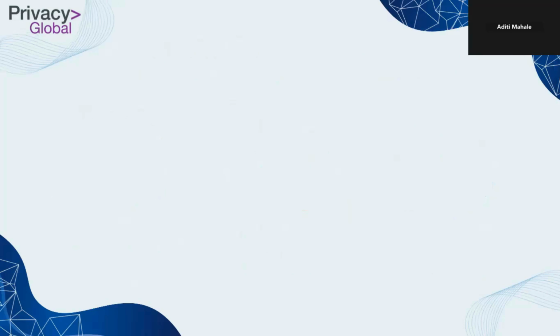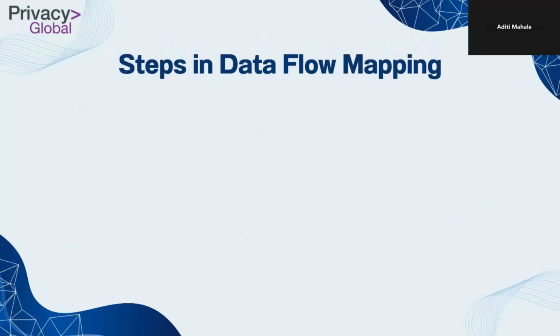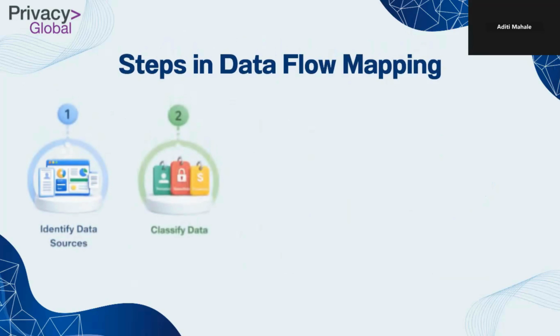Now, let's break down data mapping into simple practical steps. First, we need to identify the data sources. This includes HR systems, CRMs, websites, mobile apps, support tools, and even spreadsheets. Next, we need to classify the data. Is it personal data, sensitive data, or financial information? Then, we need to have a record of processing activities.